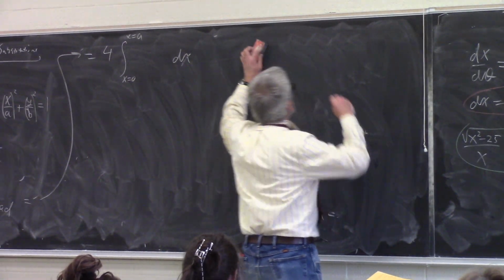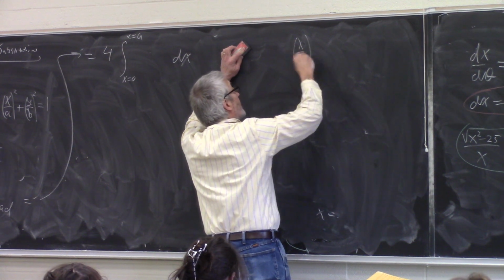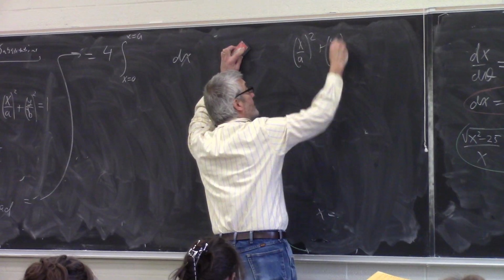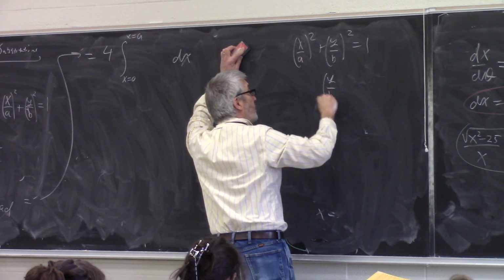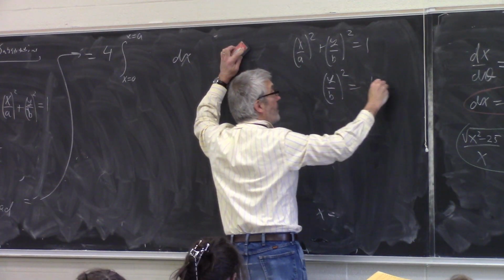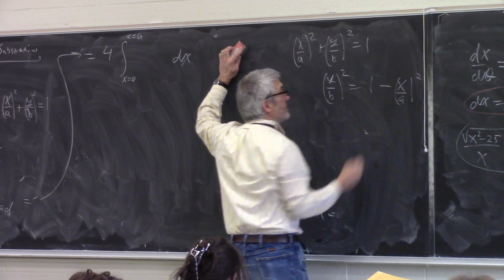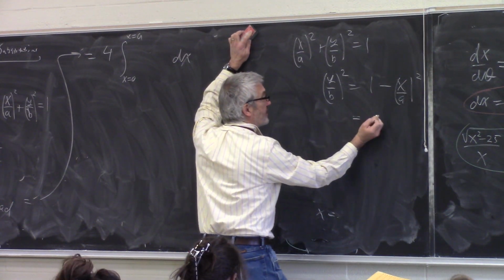We get x over a squared plus y over b squared equals 1. So y over b squared equals 1 minus x over a squared. Now, I'm going to write this a couple of different ways.